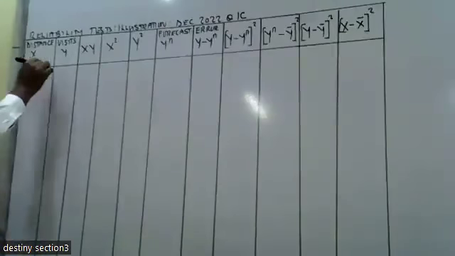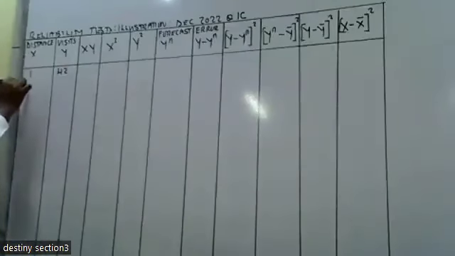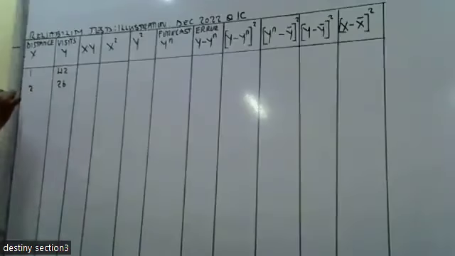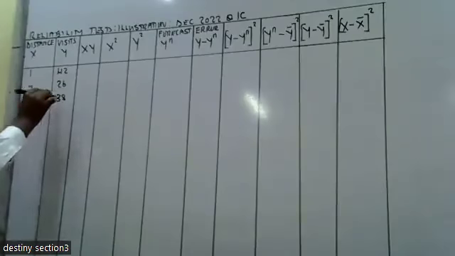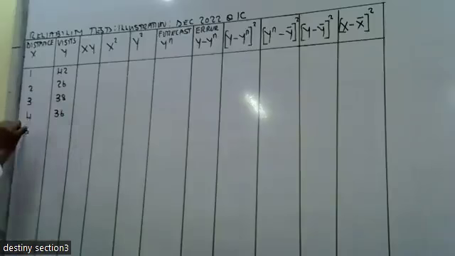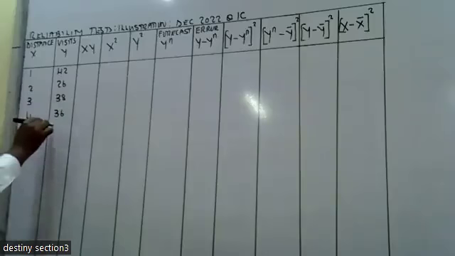So I have 1, 42. I have 2, 26. I have 3, 38. I have 4, 36. I have 5, 34.